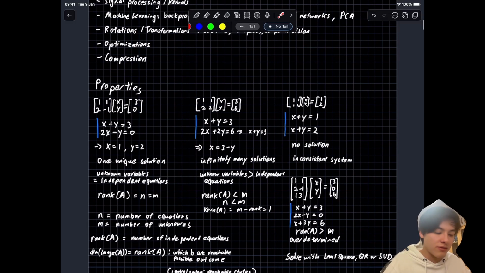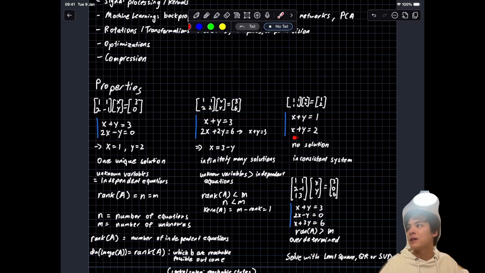And we would also have different cases. If we have something that's inconsistent, like x plus y equals 1, x plus y equals 2, here we would have a problem. We would not be able to solve this by hand, but it can actually happen in real life. For example, if this is a measurement, sometimes measurements are inaccurate.